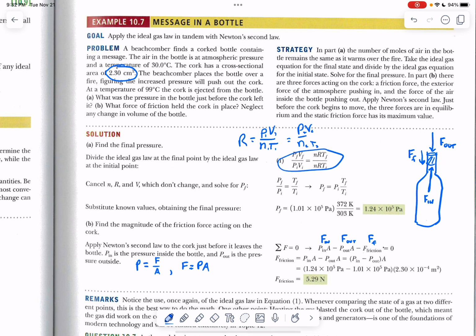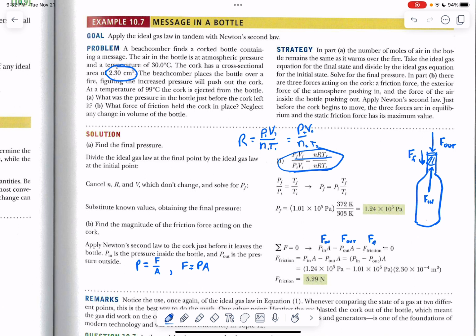Your book does it this way, with PV equals nRT final in the numerator, PV equals nRT initial in the denominator, whichever way works for you.